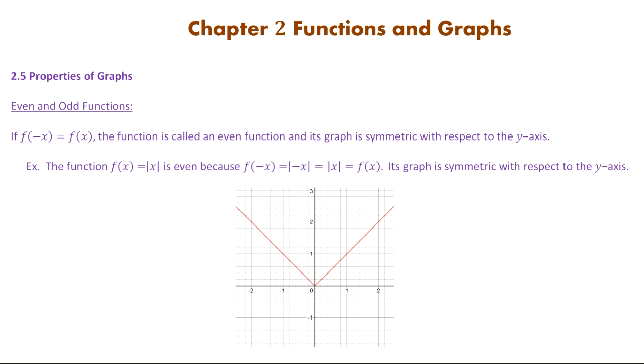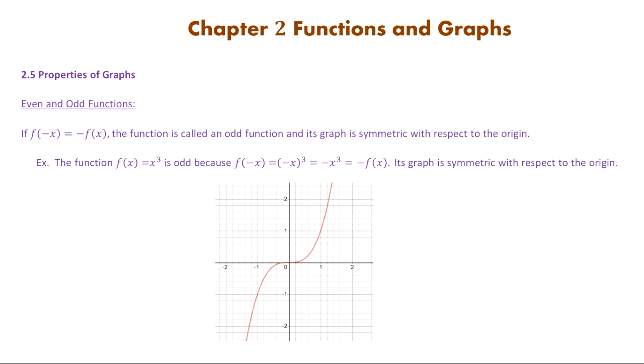For example, the function f of x equals absolute value of x is even, because when you plug in negative x for x, you get absolute value of negative x, which is the same as absolute value of x, and that's just f of x itself. So the function is unchanged when you plug in negative x for x. The graph has a symmetry with respect to the y-axis and is even, as you can see from the graph. Any questions? Next.